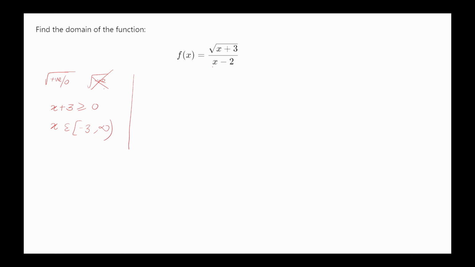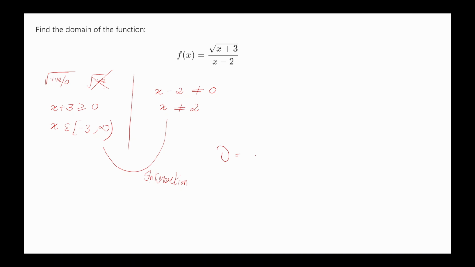Now what is the other thing? Since x minus 2 is in the denominator, it should not be equal to 0. That means x cannot be equal to 2. So now I have to take the intersection of these two domains, so that I can get the domain of the final function.